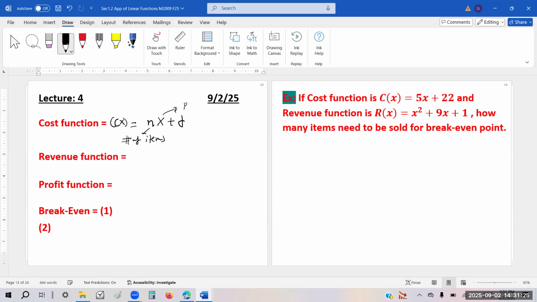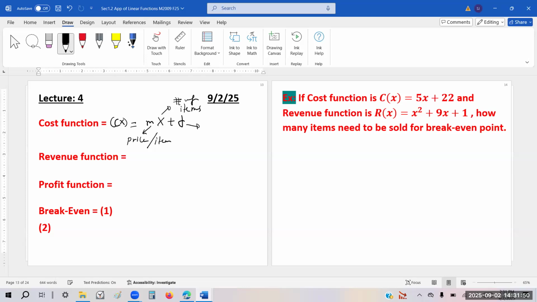P is the price, X is the number of items. So M is better. It's the price per item. X is the number of items.